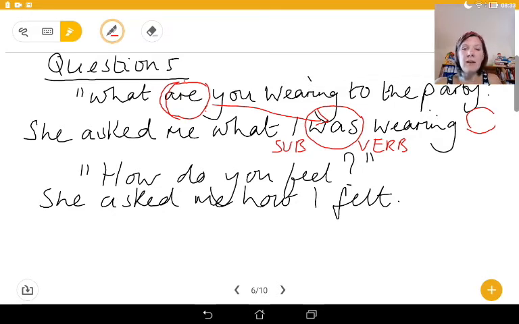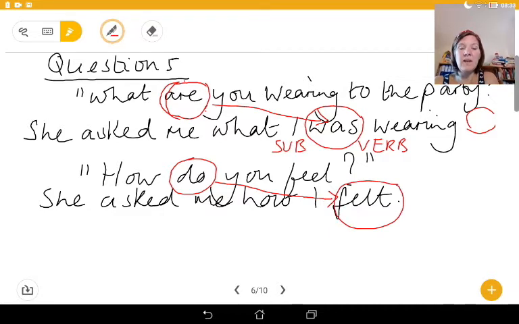Let's look at the second sentence. So a normal sentence. How do you feel? Okay, question. So again, here we've got the present. And here it becomes the past. And of course, because it is no longer a question, like I said before, the word order is simply subject and verb.